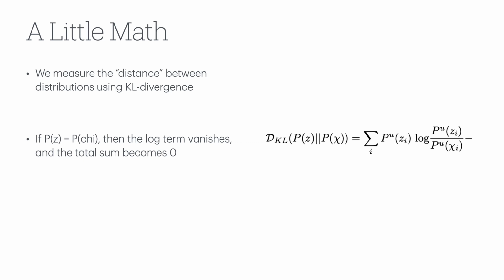You can just check for mental sanity: if we have P of Z equal to P of chi, so if the probability distributions are exactly the same, then the log term is going to vanish because we're going to have P of Z over P of chi, which is 1 if they're equal, and then log of 1 is 0, and the total sum will be 0. So you can see that the KL divergence will become 0 if these distributions are equal.